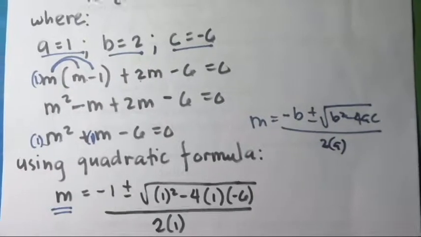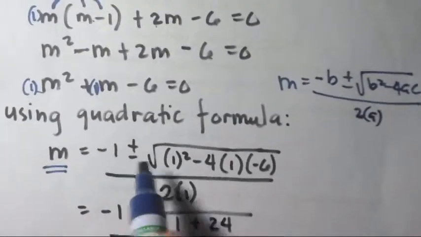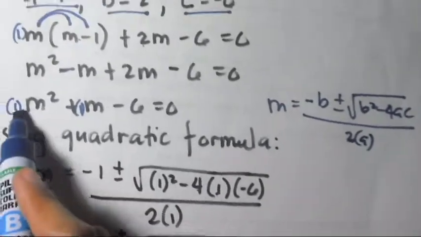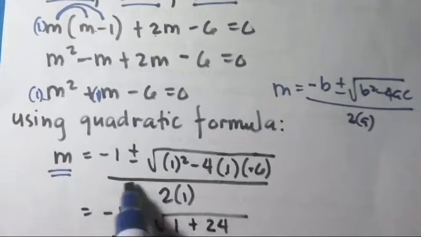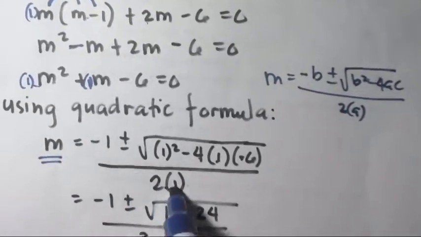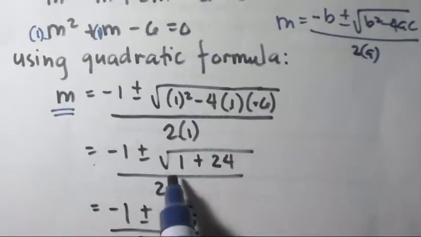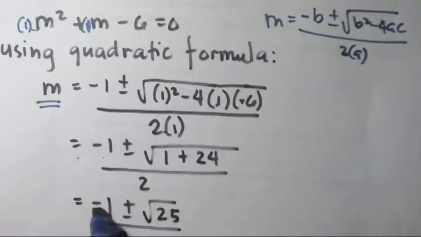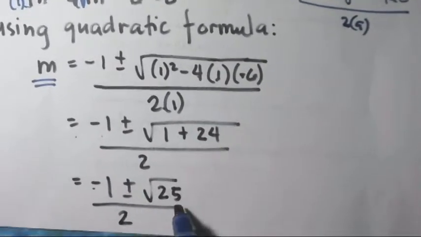Therefore, we now have negative 1 plus or minus the square root of 1 minus 4 times 1, the value of a, times negative 6, the value of c, over 2 times 1 as the value of a. Therefore, by equating all these numbers, we now have negative 1 plus or minus the square root of 25 over 2.